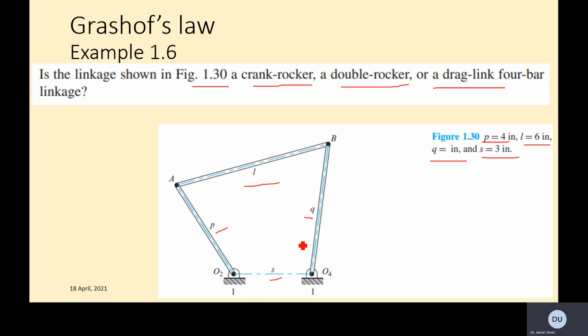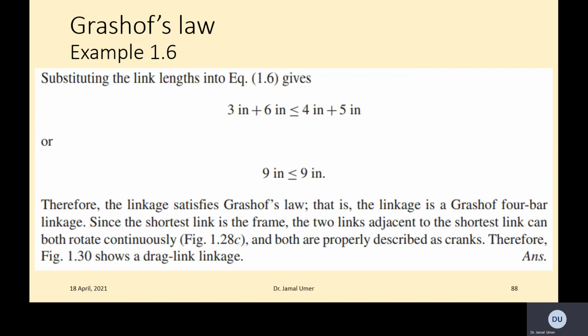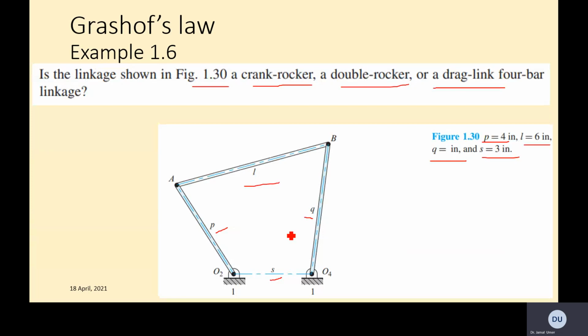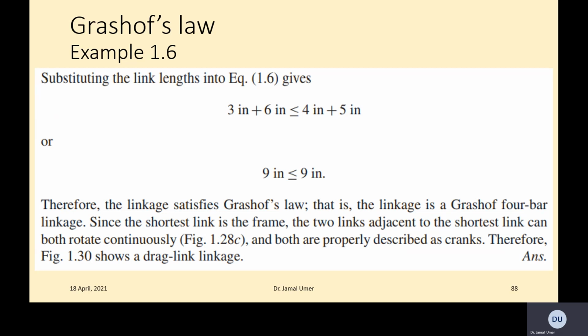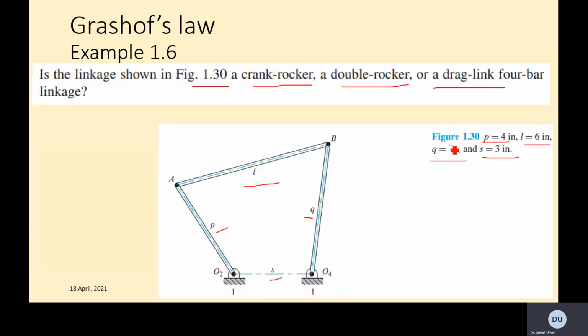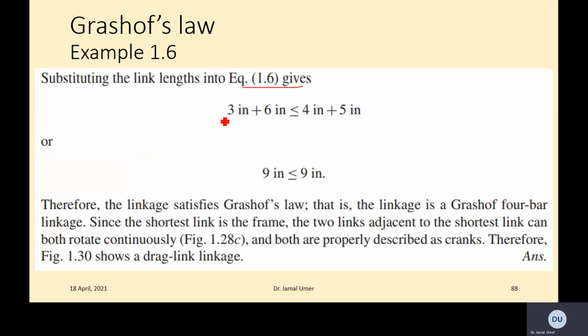So we need to check basically. One of these is missing: 4, 6, and 4, 6. This must be 5. So this is 5. Substituting in equation 1.6: 3 plus 6, shortest plus longest.